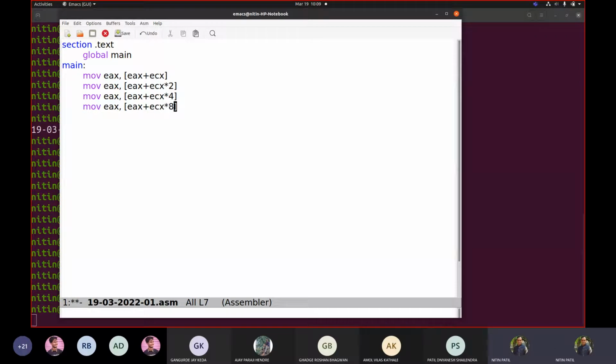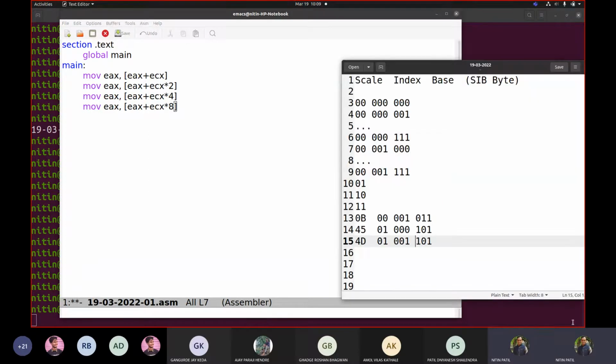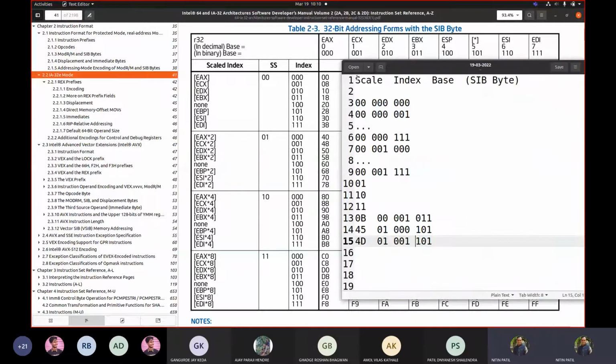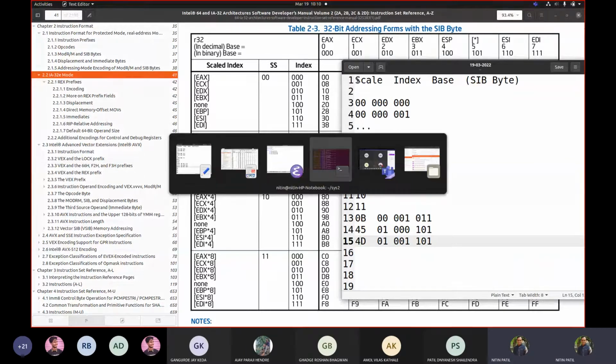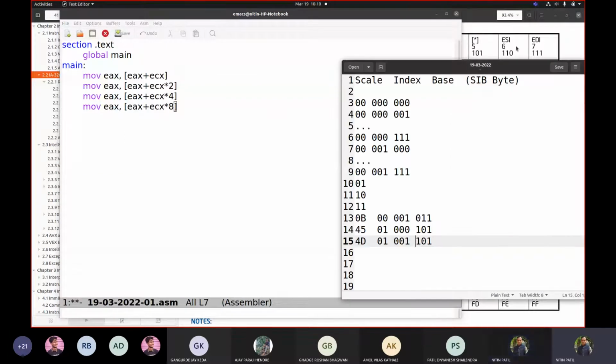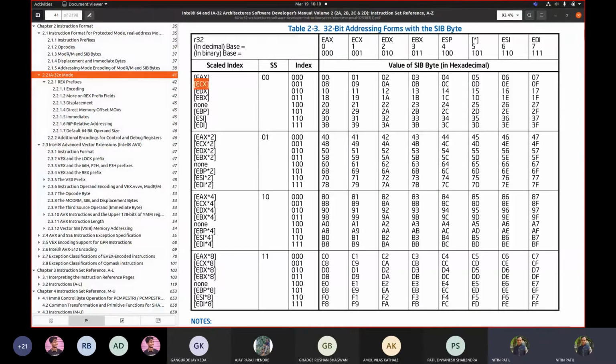Now I'm taking 1, 2, 4, 8 with the EAX, ECX combination. If I see this table, the multiplication factor was with ECX as my code, correct? As in my code, the multiplicative index was ECX. So I should see the row for ECX. So I probably want 08, 48, 88 and C8.